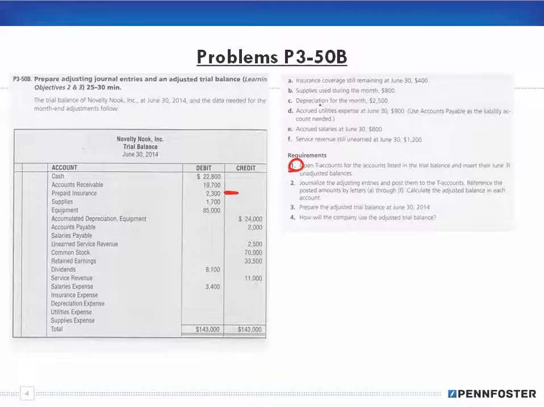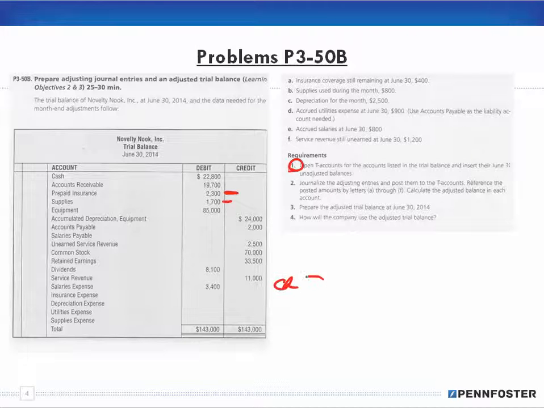B is supplies used during the month is 800. If I have 1,700 before and I use 800, I'm going to end up with a balance of 900 in that account. Since I'm using the supplies, I'm decreasing the supplies.